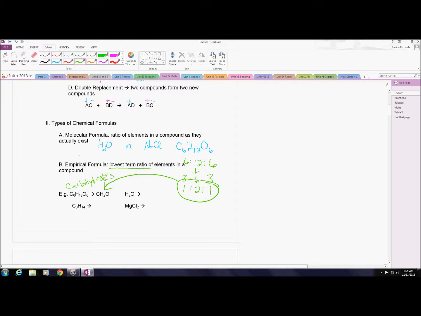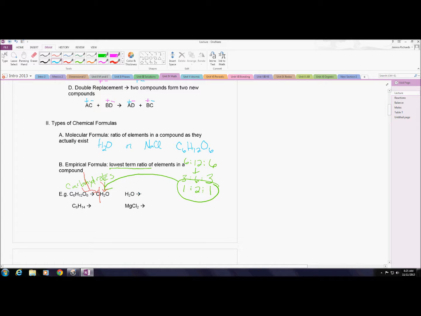Carbohydrates, carbo, carbon, hydrates, water, typically have the empirical formula of CH2O. So carbohydrates typically reduce down to an empirical formula of CH2O. Let's look at these other guys.